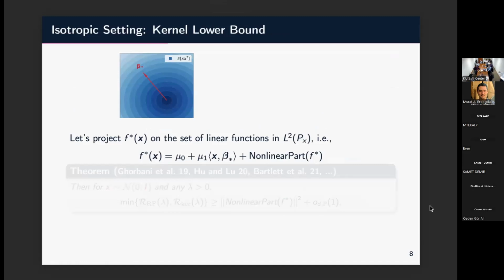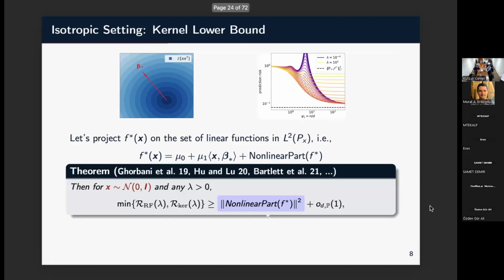This is an expansion that I'm not going into in too much detail. Think of it as a Taylor expansion: just a linear part of this function, and whatever is left as nonlinearity. Now, there are existing results that say that if the input is isotropic, the risk of these kernel methods is lower bounded by the L2 norm squared of the nonlinear part.